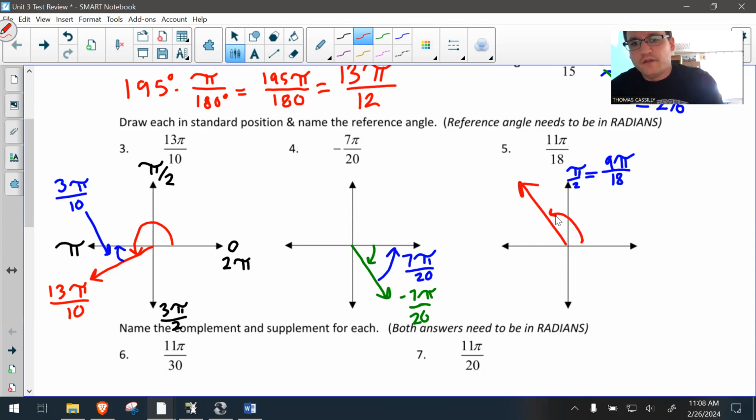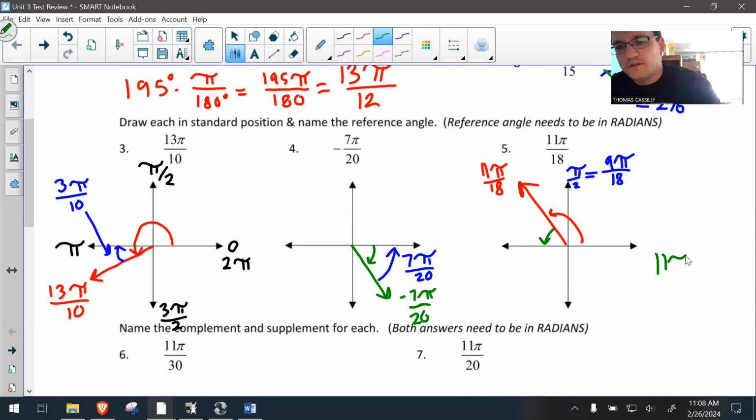This gives us 11 pi over 18. All right, and if we want to think about the reference angle, it gets us back to the x-axis. We're going from 11 pi over 18 to 18 pi over 18.